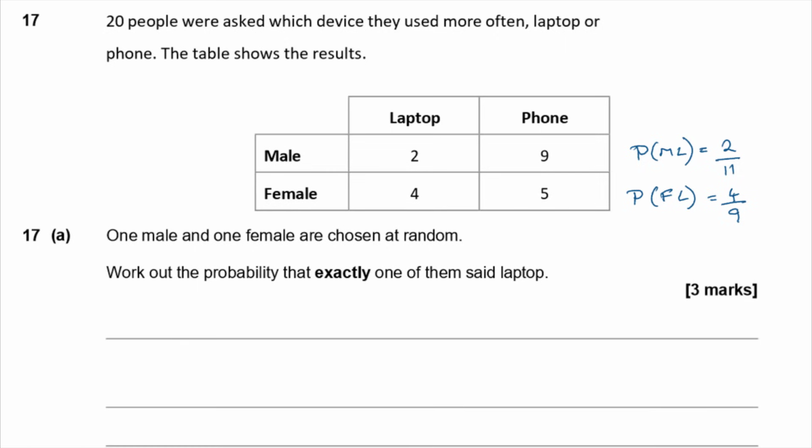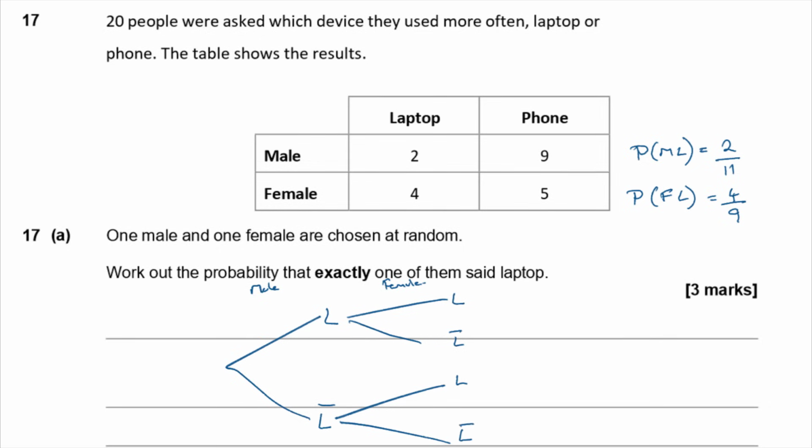We want to work out the probability that exactly one of them said laptop. I'm going to do that in a little probability tree. So let's do the male choices first, and then the two branches for the female choices: laptop, not laptop, laptop, not laptop.